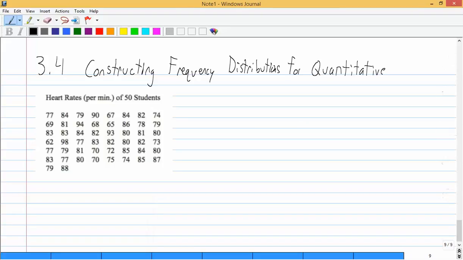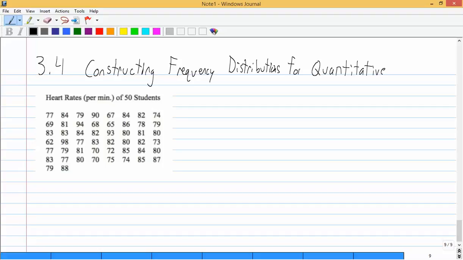So, if I was to ask you how many people's heart rates were above 97, well, then you would have to sit there and pick those numbers out.